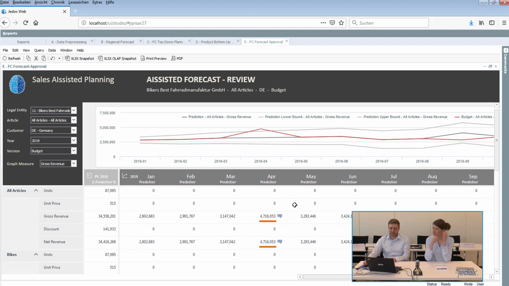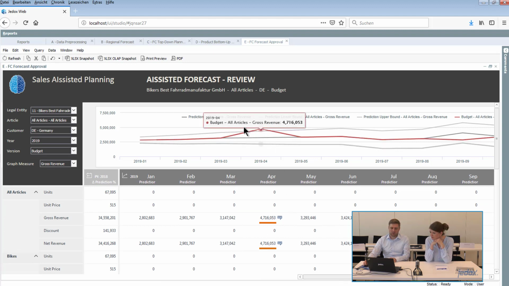In this report, we can use these predicted values, these predicted ranges, to quickly identify which values are out of bounds, which are not so accurate. And then we can see why the planner has put a higher value here. We can look up comments, and then the controller can say, okay, this seems accurate or not, can improve this or not.